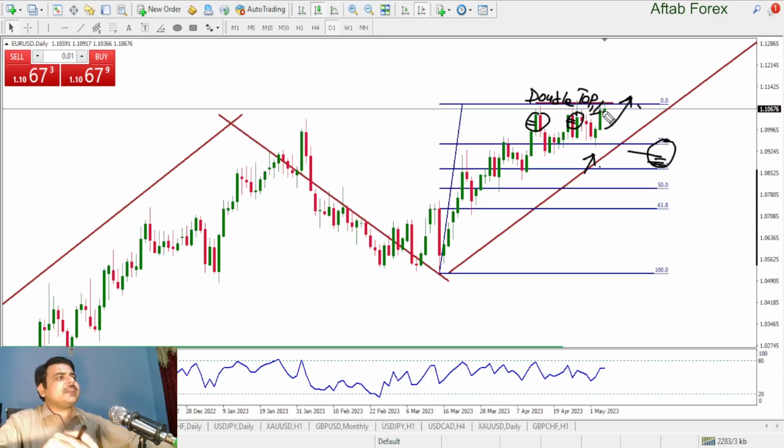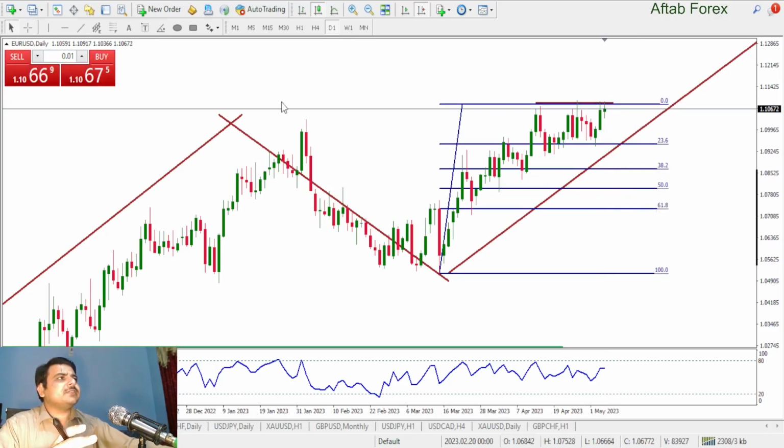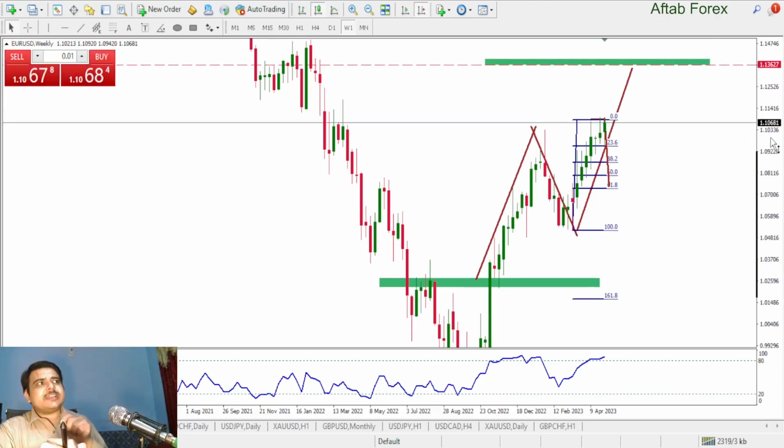But yes, if you can take a risk of around, let me count how many pips it will be. If you can set a stop loss of around 100 pips, you can easily generate 352 pips. But my overall opinion obviously is I need today's candle to close, and on the weekly it is clearly showing me bullish signs.